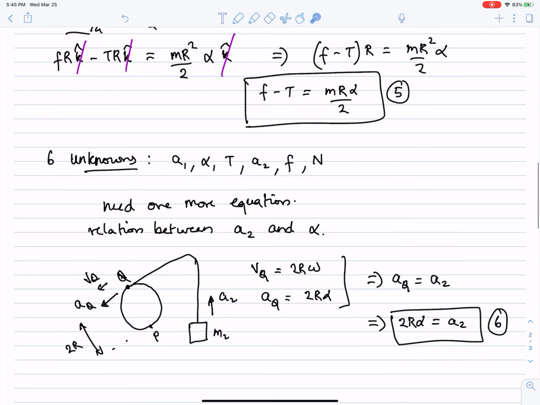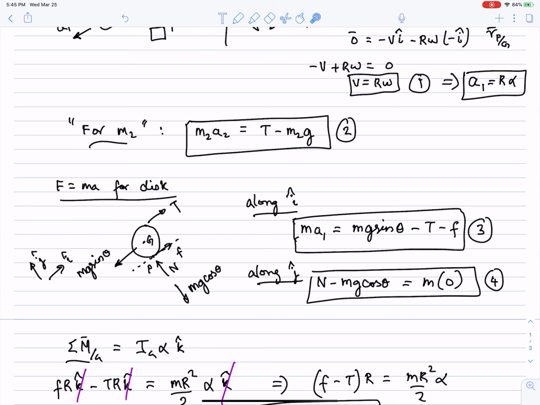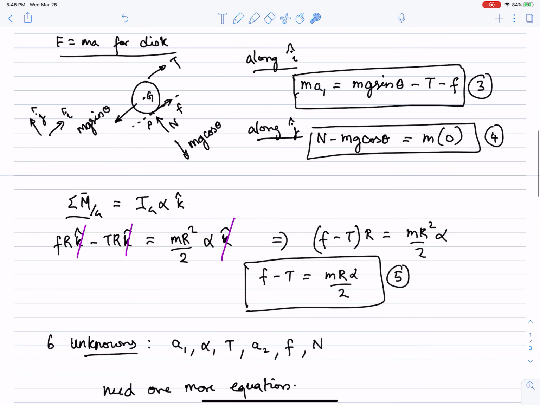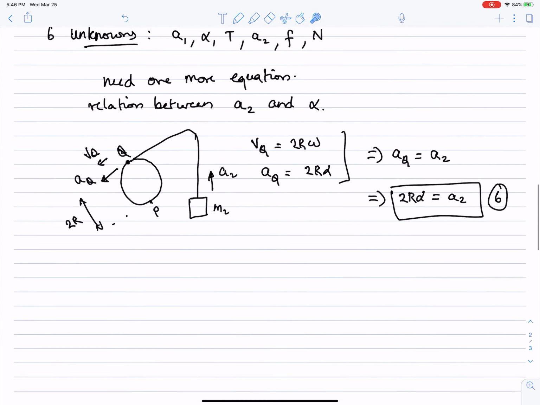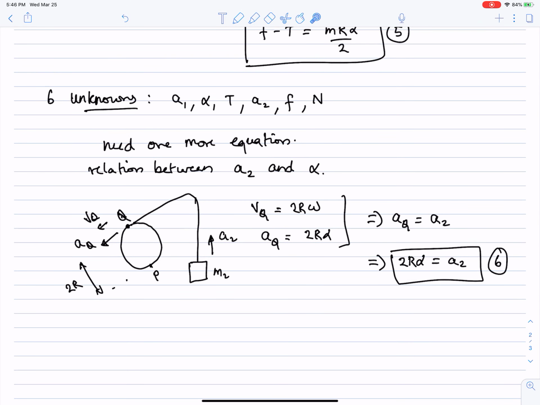We can essentially use 6 to replace alpha here, and then replace A1 here, and then eliminate F. So alpha equals A2 by 2R. That's the same as 6.